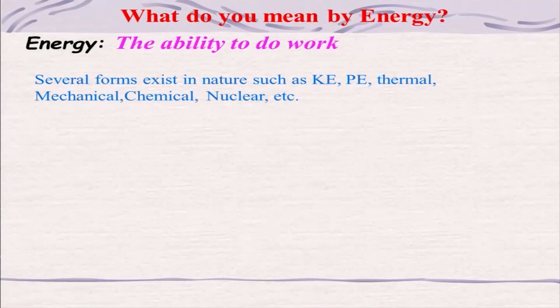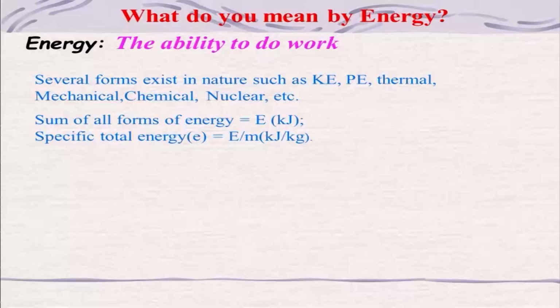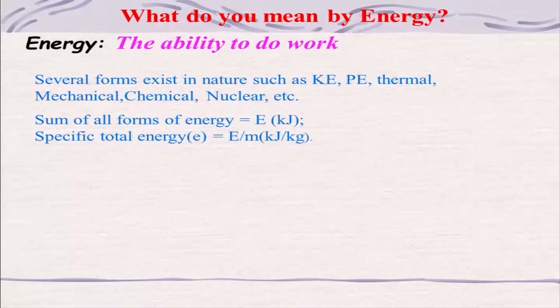Now this energy can be classified into various forms, but for the sum of all the forms of energy, we can use a symbol known as E. You can use any other symbol as a matter of fact, but generally people use E, and the unit in SI will be kilojoule. It can be megajoule, or simply a joule, depending upon the amount of energy you are dealing with.